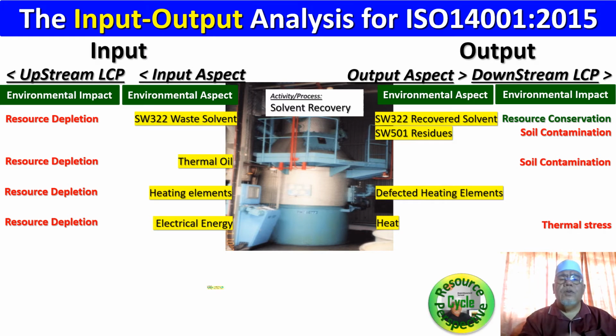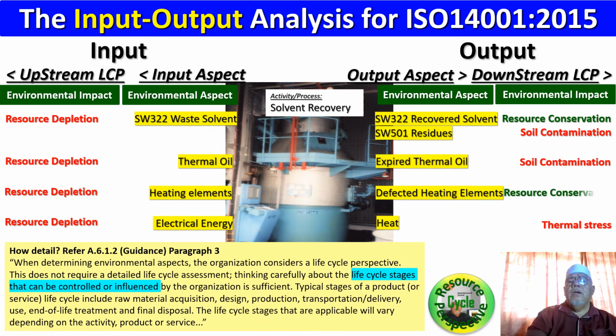So solvent from this company is being recycled, recovered using, I think, a thermal oil heater type of system, evaporating the solvent, and it is condensed using condensate, etc., and they get the recovered solvent. It uses electrical energy. Now let's take a look at the input-output analysis.